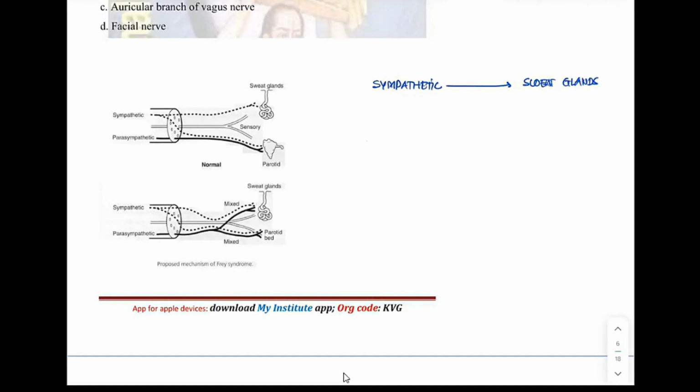So whenever we are eating something, the parasympathetic component will be stimulated, and it will send the command to the parotid gland, and parotid gland will release saliva. Okay, and when the sympathetic system is stimulated, the command will go to sweat glands, and sweat gland will produce sweating. Okay, so this is the normal mechanism.